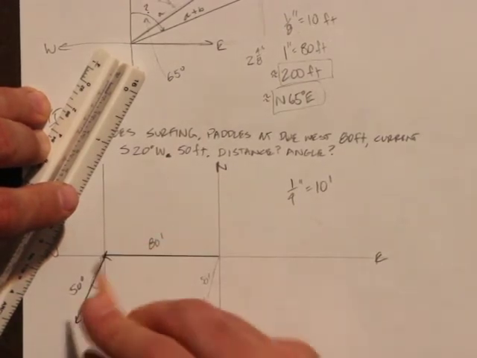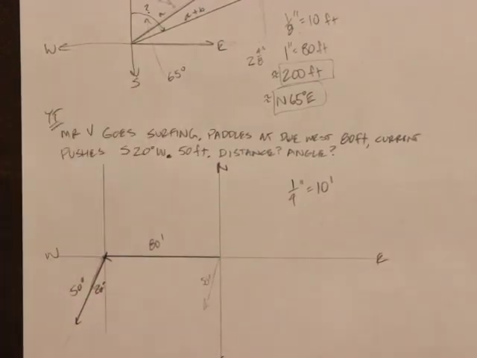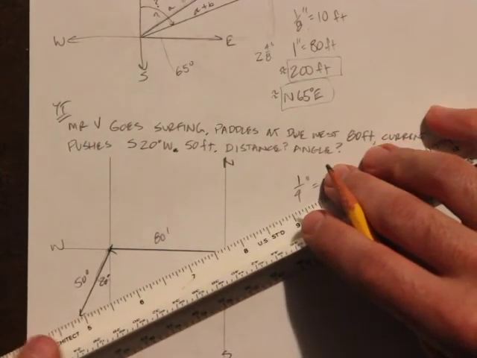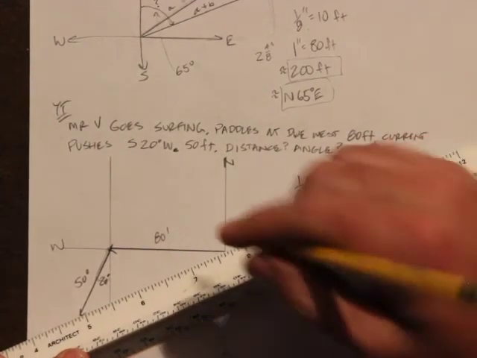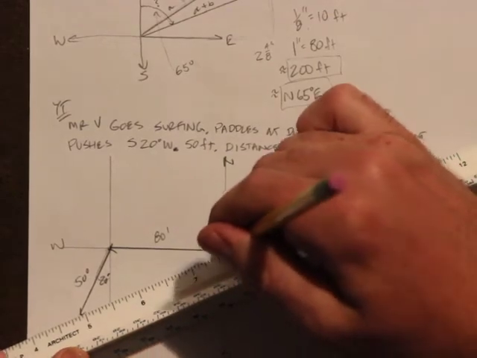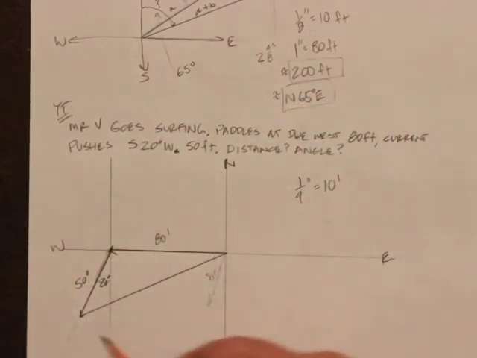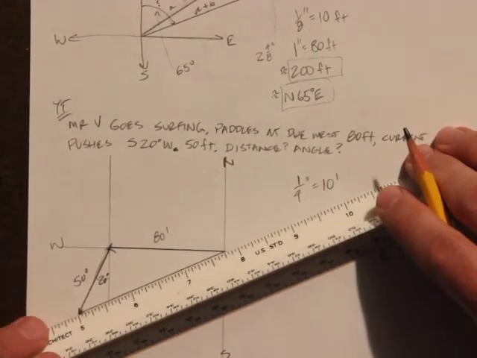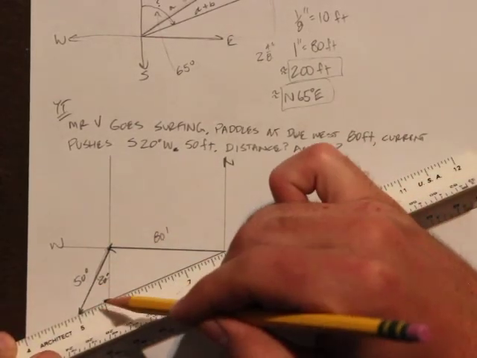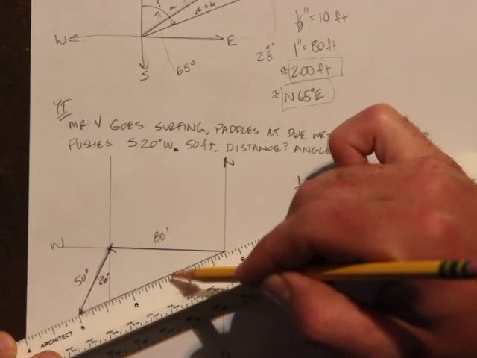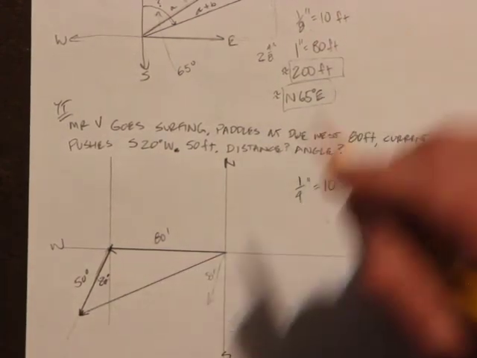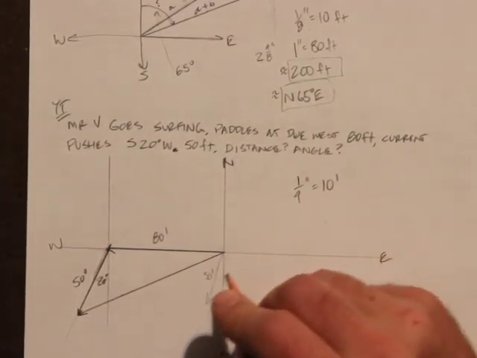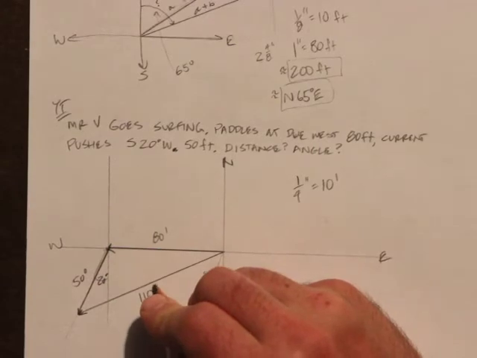And this is 20 degrees here. Whew, all right. Let us draw our new vector, our resultant, and measure that thing. How many quarters of an inch are there from here to here? 1, 2, 3, 4, 5, 6, 7, 8, 9, 10, 11. 11 quarters of an inch, so that'll get me about 110 feet.